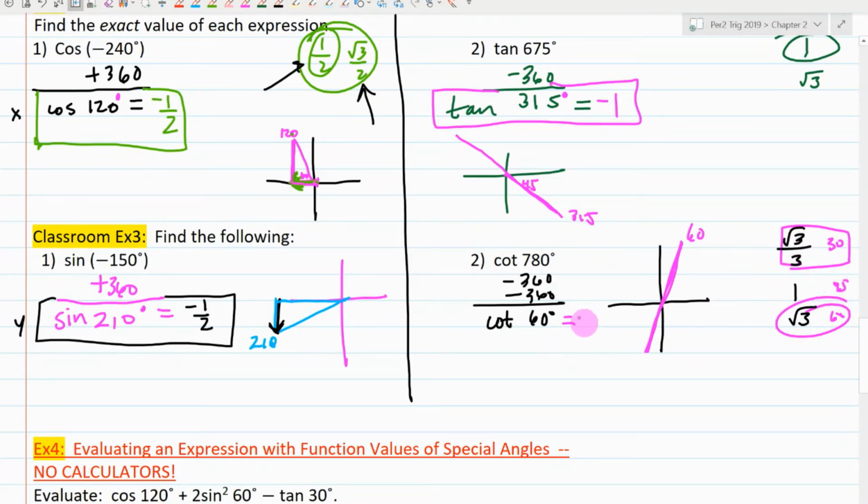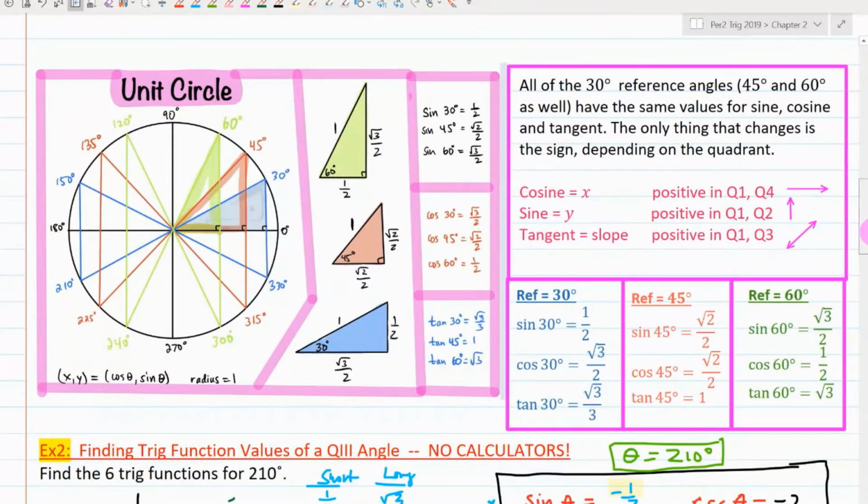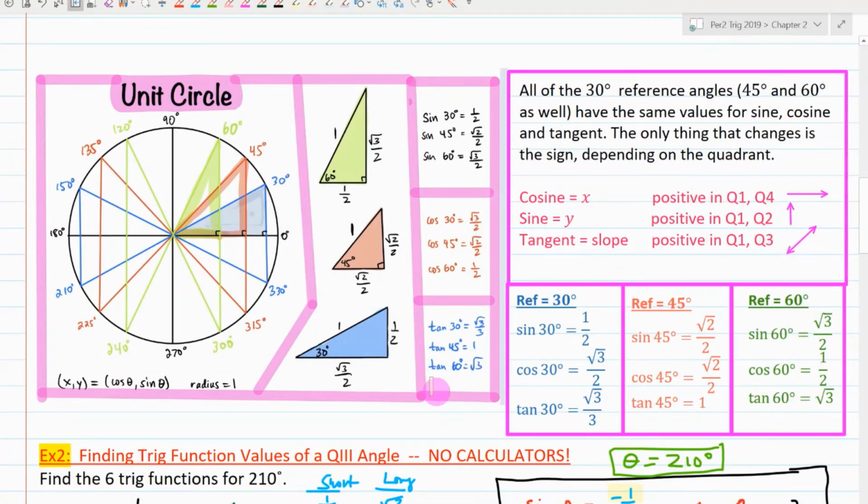So cotangent will be the fraction because it's the reciprocal. Okay, so again, tangent of 60 would have been the one that's not a fraction. The fraction would have been the flat one, but then for cotangent, it's the opposite. And you can refer to this if you have questions, okay? So tangent goes in this order, cotangent would go in the opposite order here.